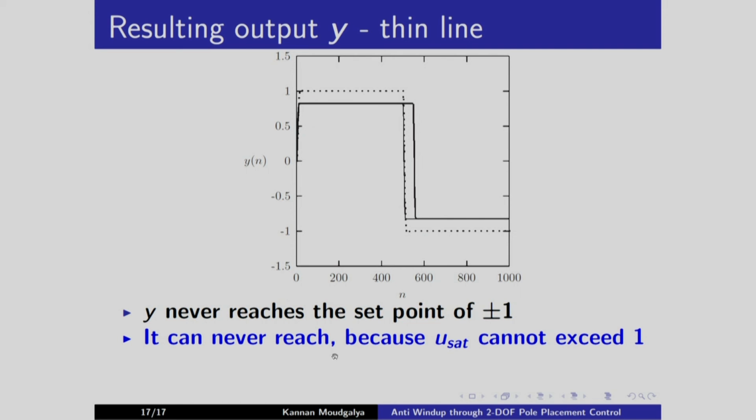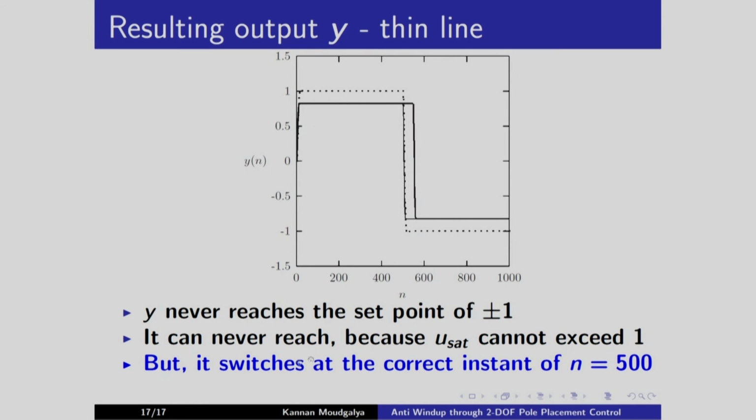It can never reach, of course, because the USAT cannot exceed 1 because of the saturation block, but Y switches at the correct instant of n equals 500. This is the best the AWC can ever achieve, switch at the correct instant, although there is going to be an offset. This is the best you can do given that there is a saturation block.